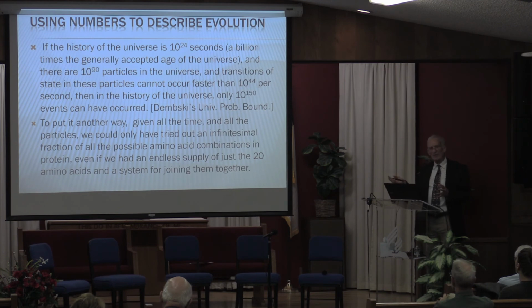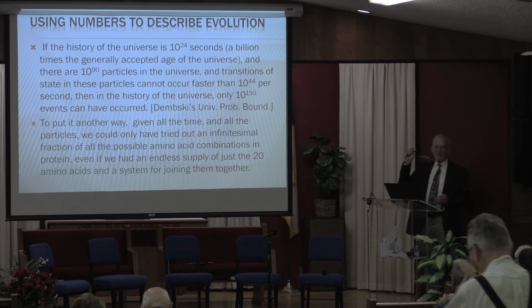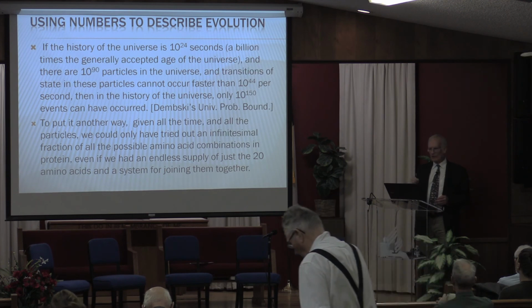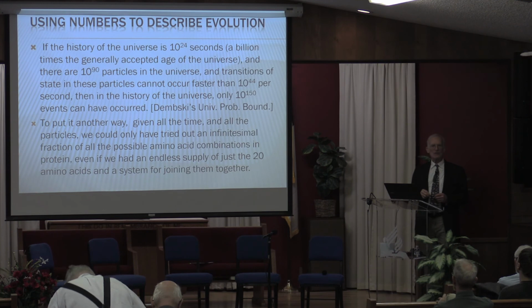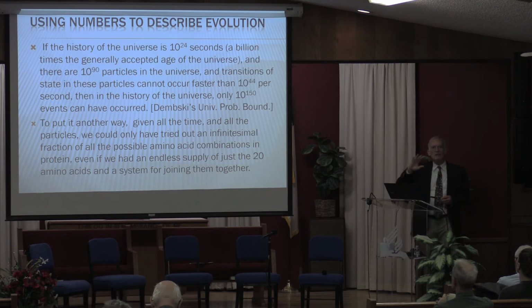10 to the 44 per second, then the entire history of the universe, given all the particles we know in the universe and all the time we know in the universe and the fastest rate of change that we know in the universe, only 10 to the 150th power events could have occurred. In the history of the universe, you cannot give me a statistic with more than 10 to the 150th power for anything that's happened in the history of this universe.